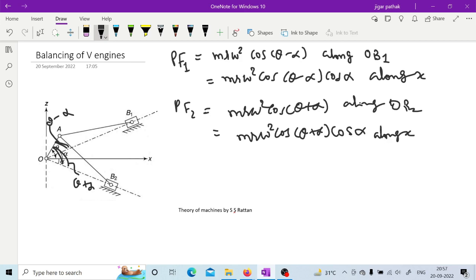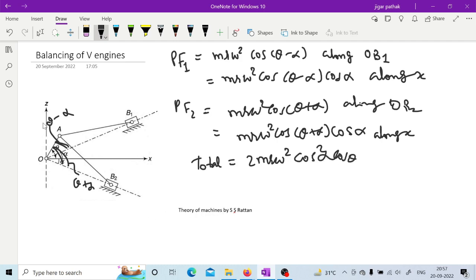So once you are done with this, then the total component along the x direction you can calculate by adding these two and simplifying it. You will get 2 mr omega square cos square alpha cos theta.